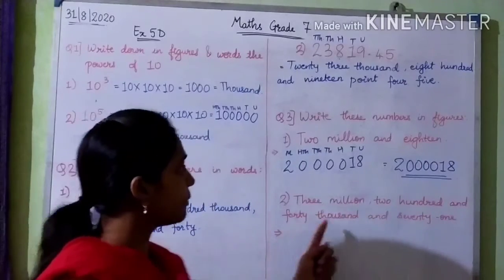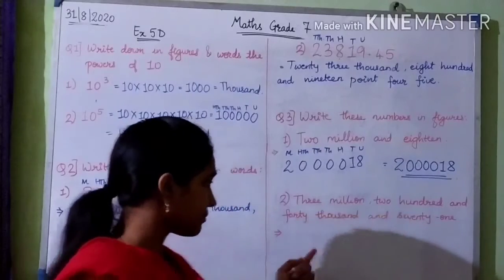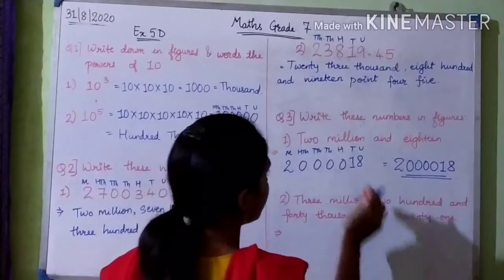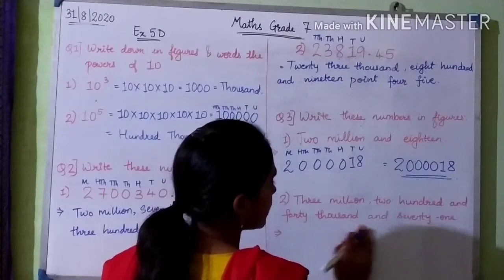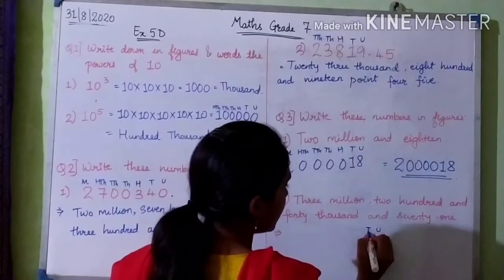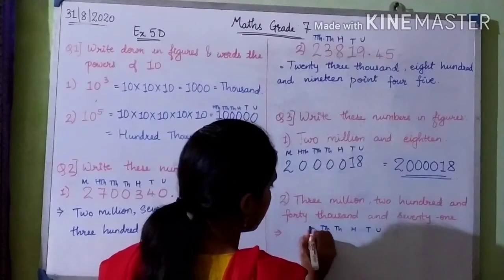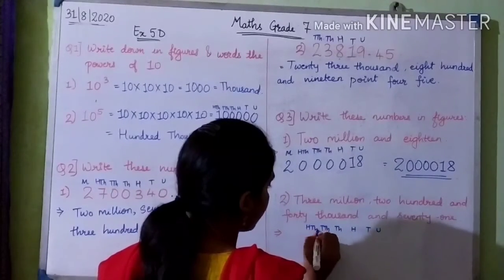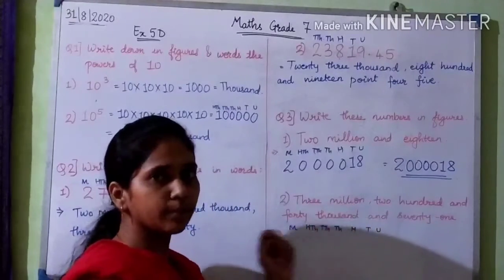Now the second is 3,240,071. How do we write this? First we write the place value table. The first one is units, tens, hundreds, thousands, 10,000s, 100,000 and million. So it is 3 million. So in the millions place there will be a 3.